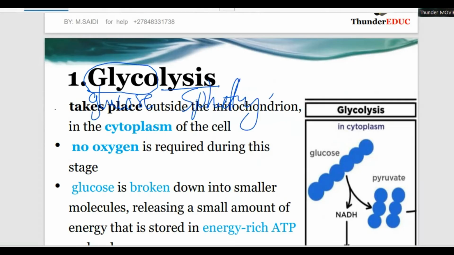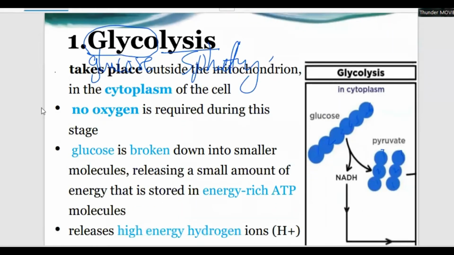When this 6 carbon molecule divides, 1, 2, 3 and 1, 2, 3, you have 2 independent molecules which are made up of 3 carbon atoms. So it takes place outside the mitochondrion, in the cytoplasm.